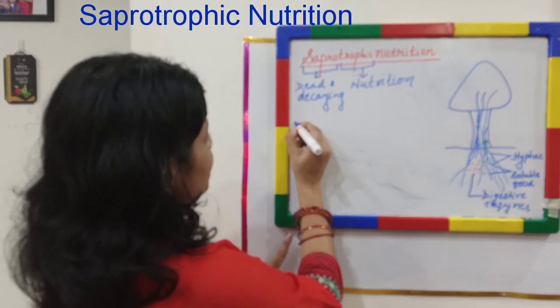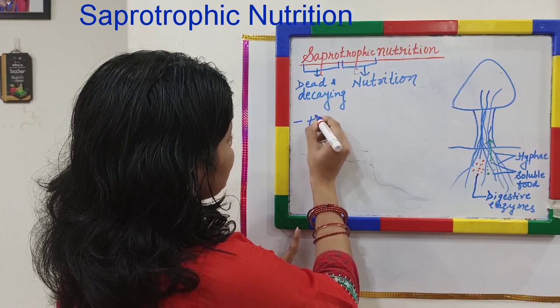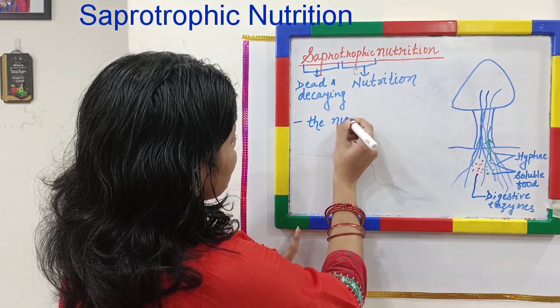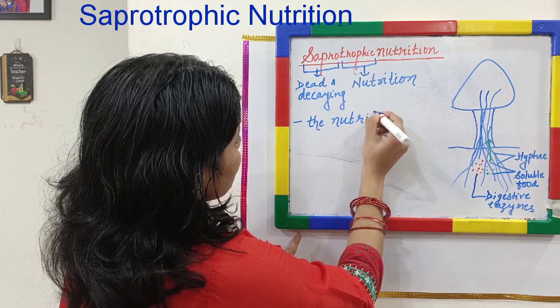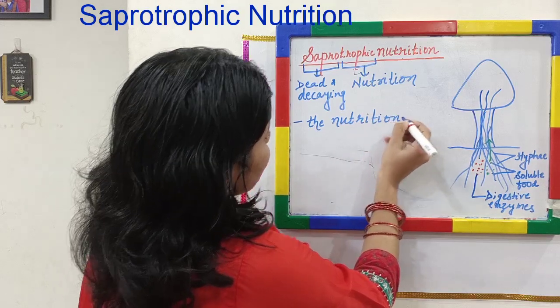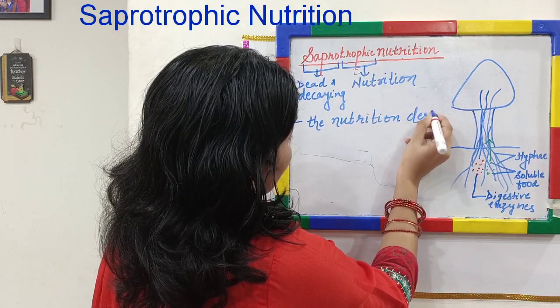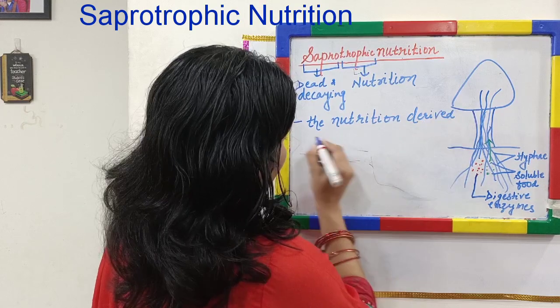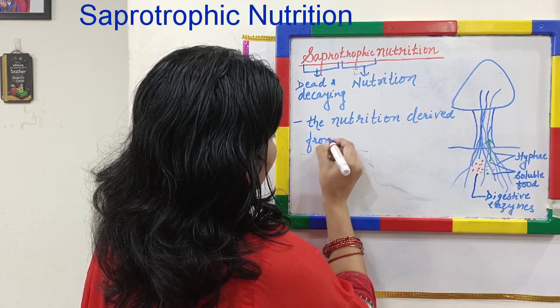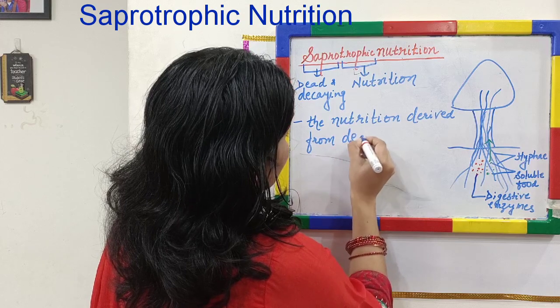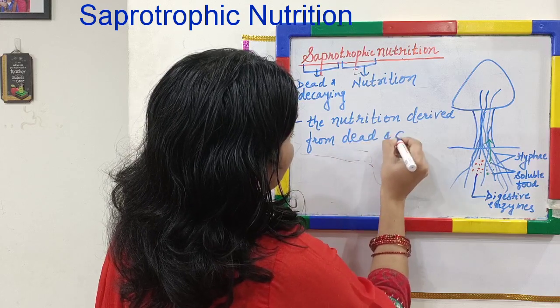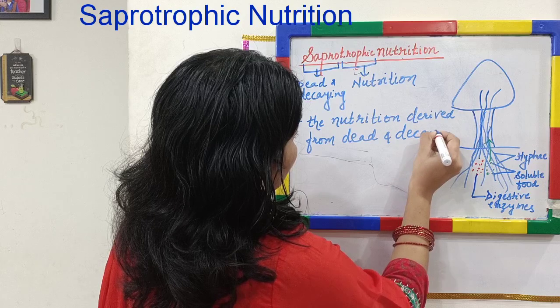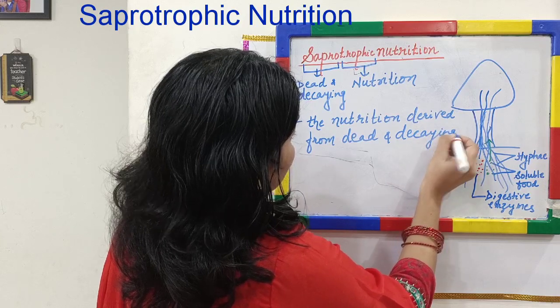So saprotrophic nutrition, we may say that is the nutrition derived from dead and decaying organic matter.